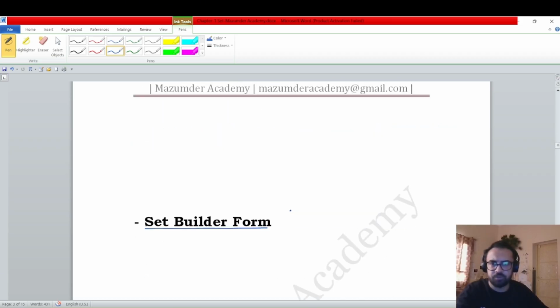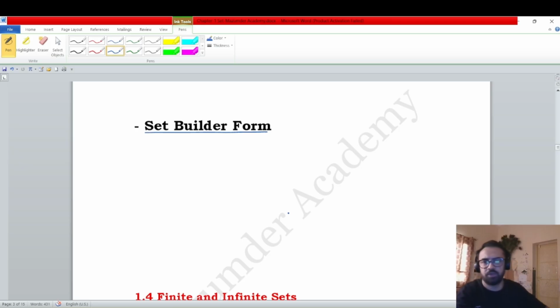Okay, so the second is set builder form. Set builder form means your set will be written in terms of some common property. A description will be given about the set without the explicit elements of the set.